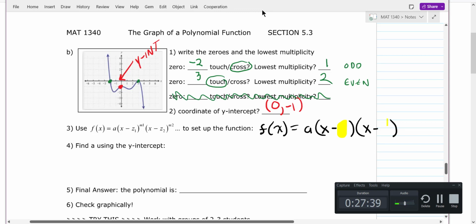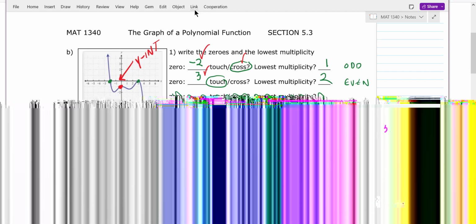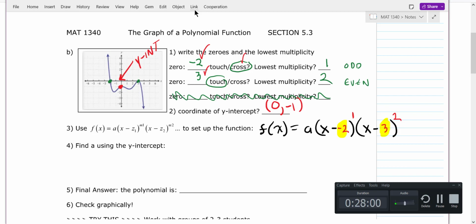You can kind of skip this step once you get a little practice with this, but the first zero is -2. Okay, that one crosses, so we're going to use 1 as its multiplicity. The next zero is 3, so we put that in. That touched, so we're going to use 2 as the multiplicity like that.